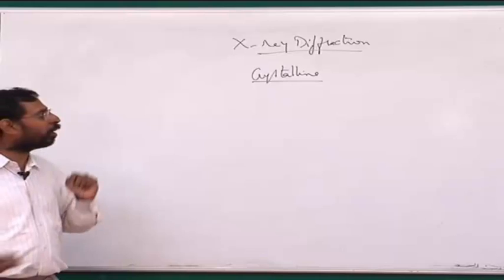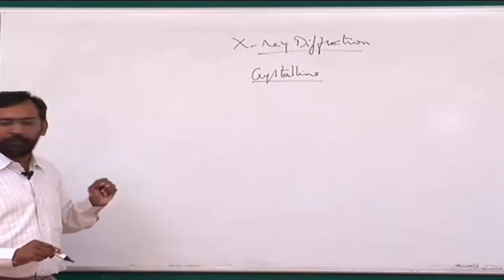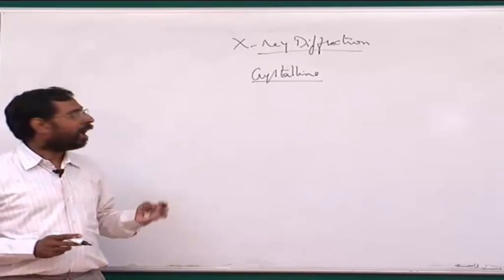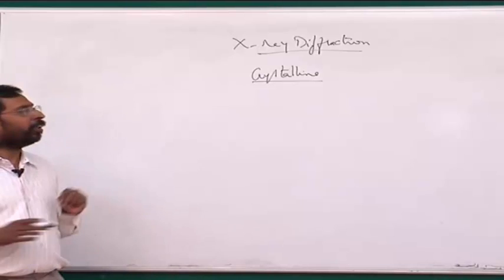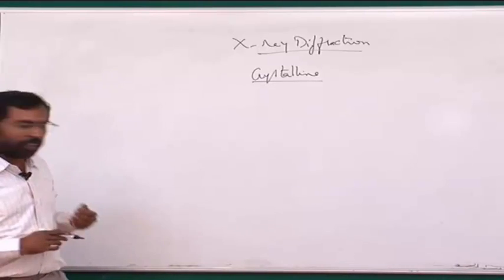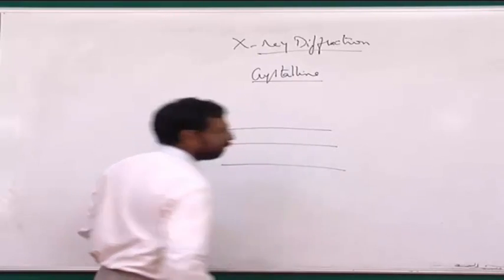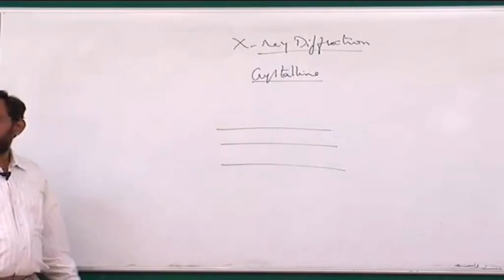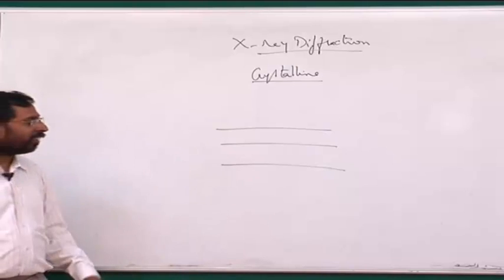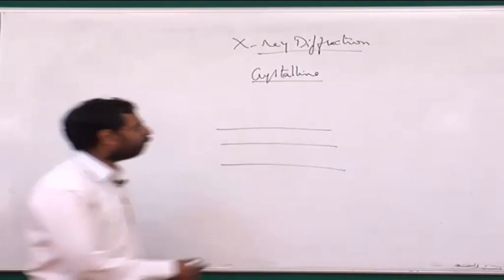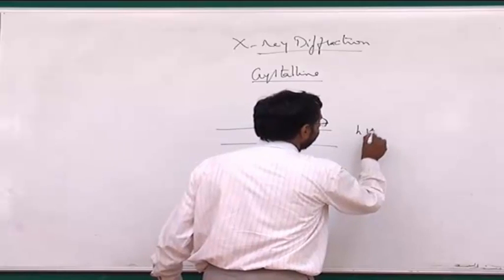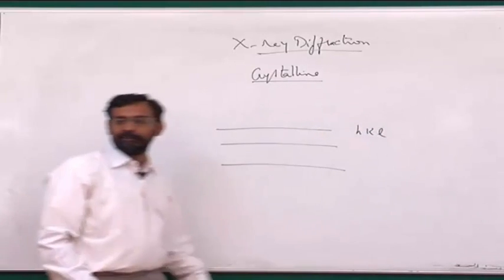We also introduced the concept of quasi-crystals. If I assume that crystals have a certain periodic arrangement of atoms, we can always say that there are certain atomic planes in them. We also talked in one of the classes about how to index these planes, and we started calling them with certain numbers called HKL.